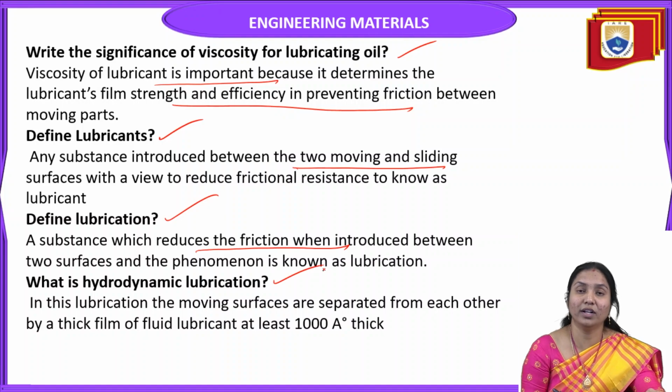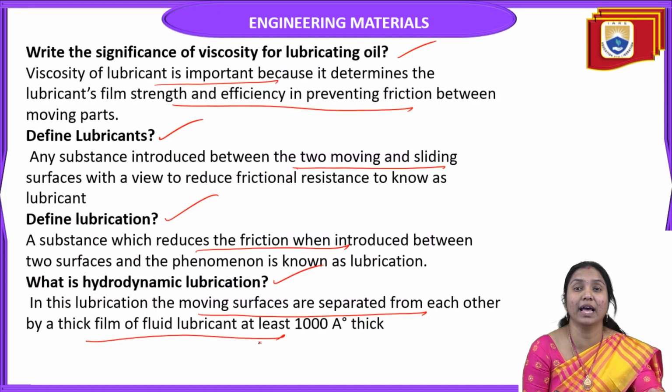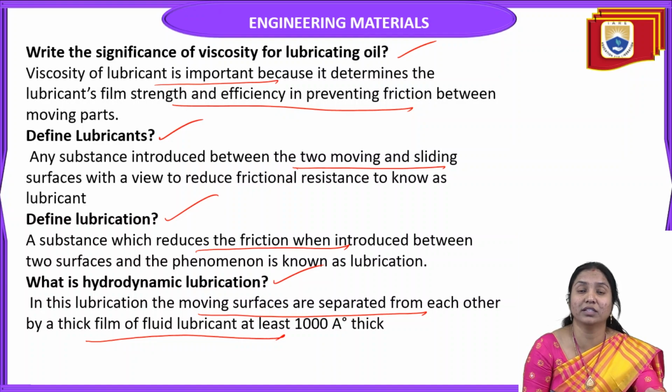And next one is, what is hydrodynamic lubrication? So in this lubrication, the moving surfaces are separated from each other by a thick film of lubricant at least 1000 angstroms thickness. So this hydrodynamic lubrication is also called thick film lubrication. So in this the thickness of the lubricant is at least 1000 angstroms. So here for this type of lubrication, what is the condition?